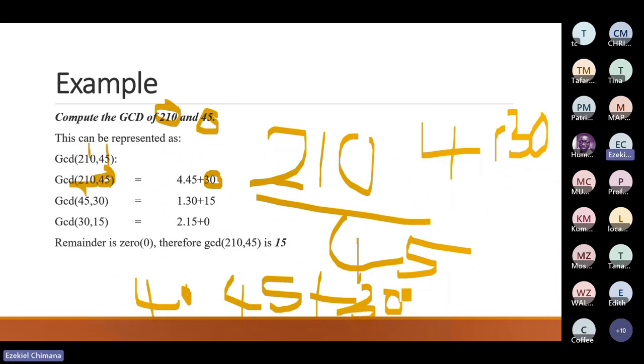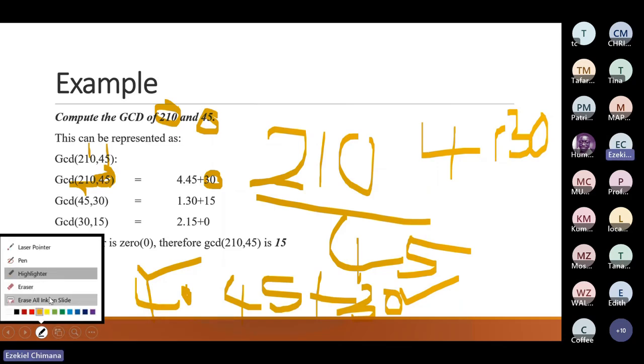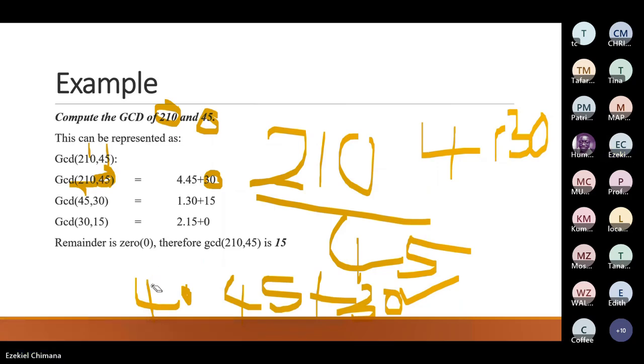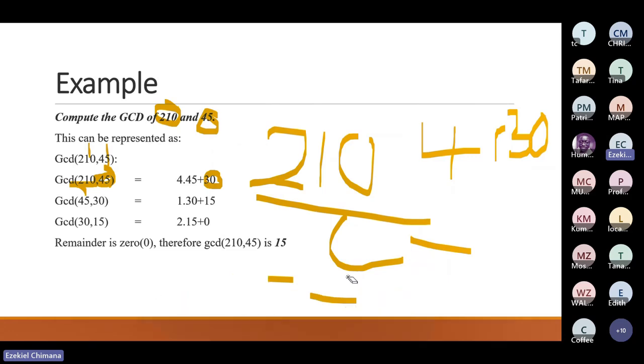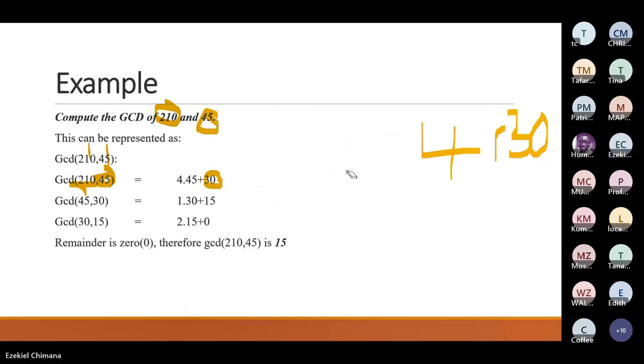What we want here is the remainder and this 4. So it will be 4 times 45 plus 30. That's what we have done here. We are just going to do the same.